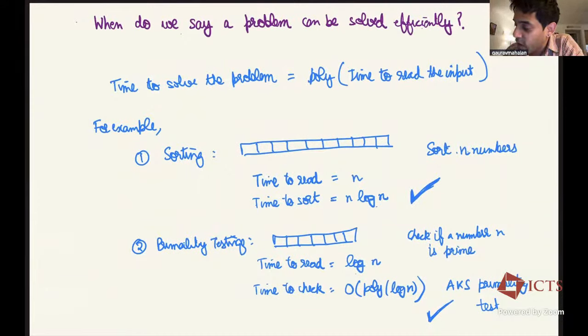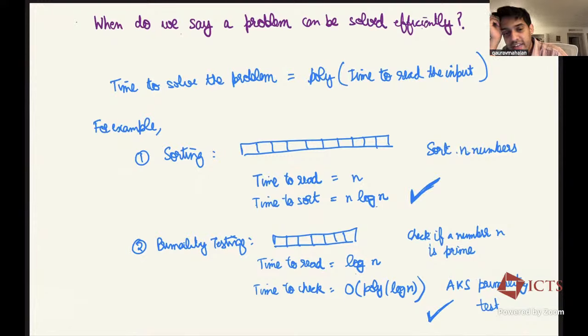Okay, so when do we actually say that a problem can be solved efficiently, right? It is when the time that you take to solve the problem is some kind of polynomial of the time that you need to read the input. So for example, if you're doing sorting, if you're given n numbers, you need n time to read those numbers.